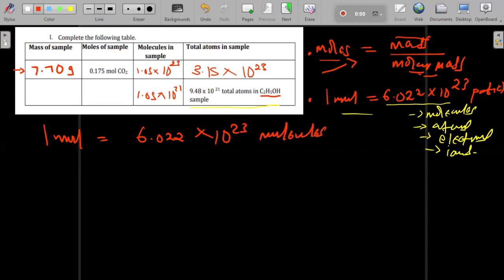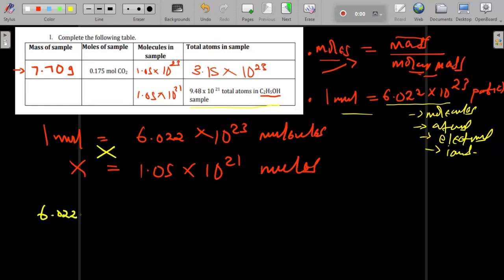Okay, and then from these molecules, we can calculate, from this formula, what if I have 1.05 times 10 to the power 21 molecules? How many moles am I going to get here? So simply cross multiply. We are going to have 6.022 multiplied by 10 to the power 23 x equals 1.05 multiplied by 10 to the power 21.